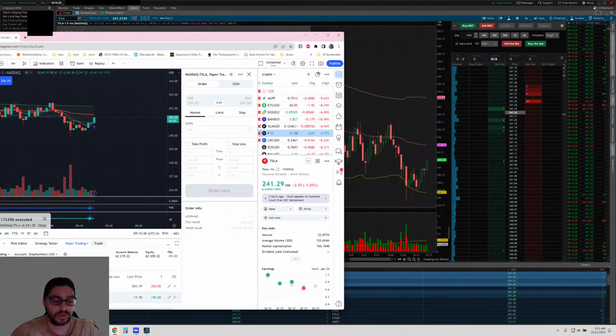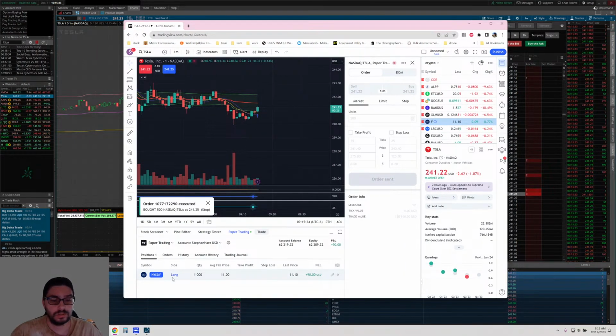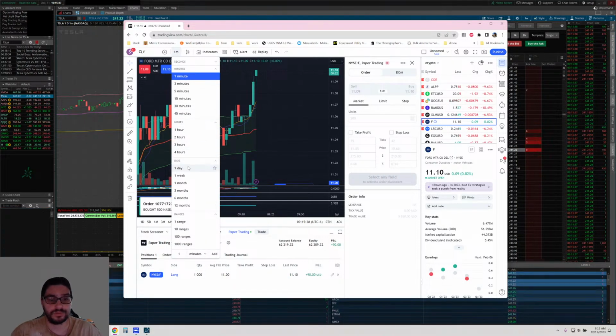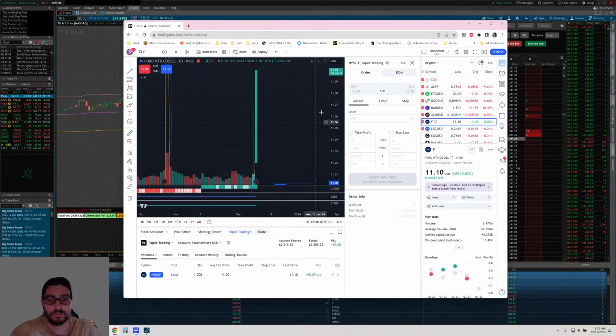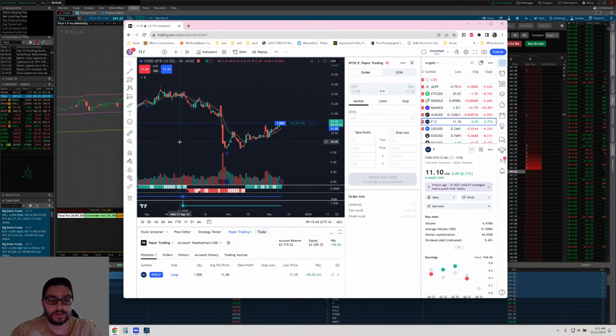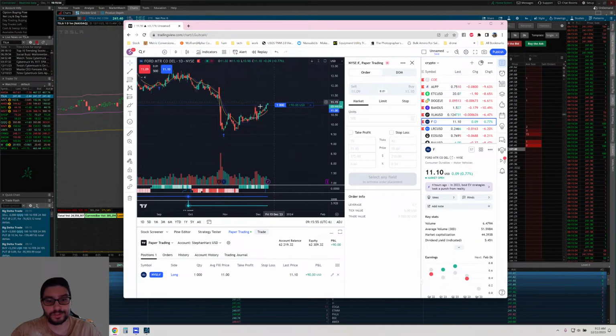There's a point where I was down massively on Ford. And in real money, I would have sold it back when it dropped from where I bought it over here. When it dropped, I would have sold it, whereas I ended up buying again down here, and I'm making money on the trade now versus losing it.